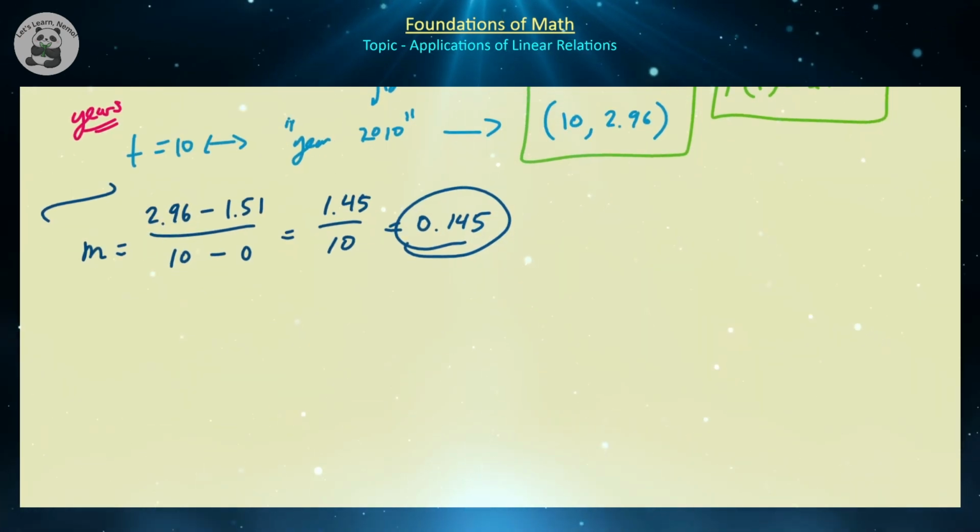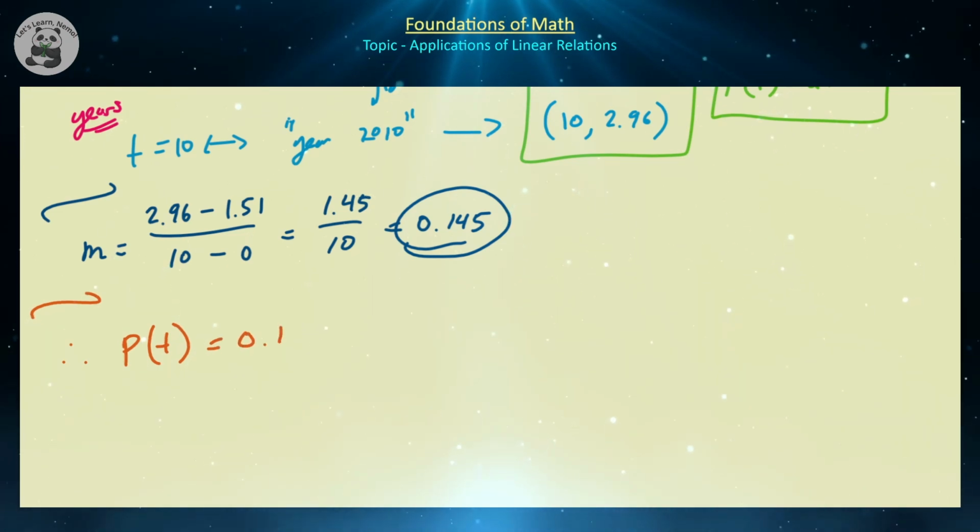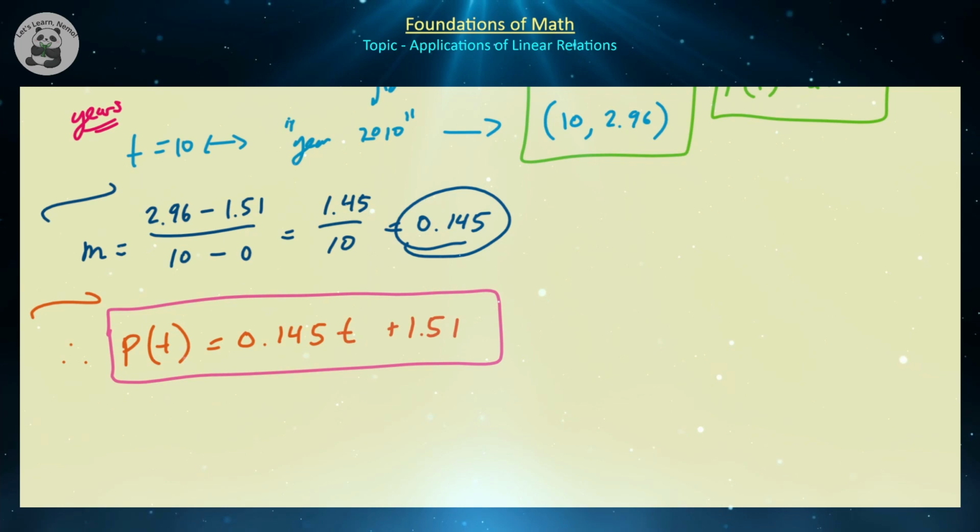So if we want to now construct our model, that means the price of gasoline as a function of time is going to be equal to 0.145 of t plus 1.51, where t is measured in the number of years since the year 2000. Since we're interested in the year 2035, this is going to correspond to t equal to 35.